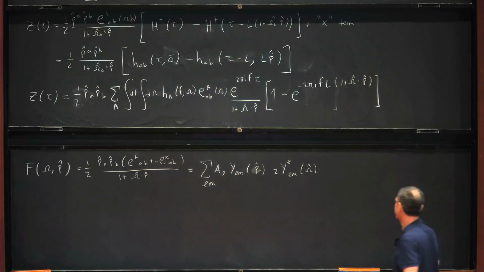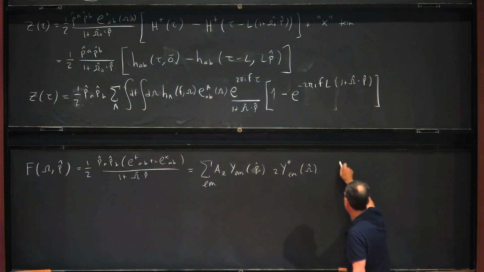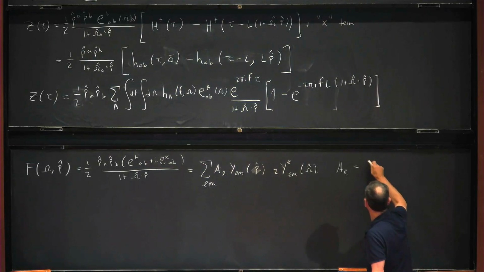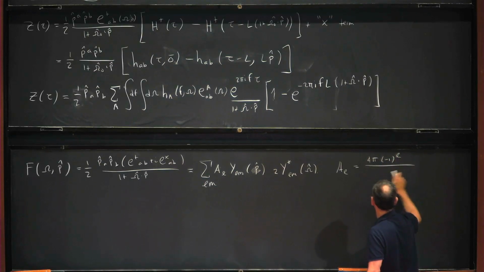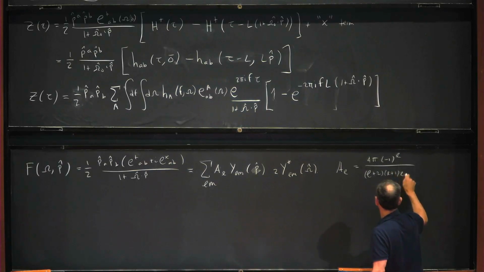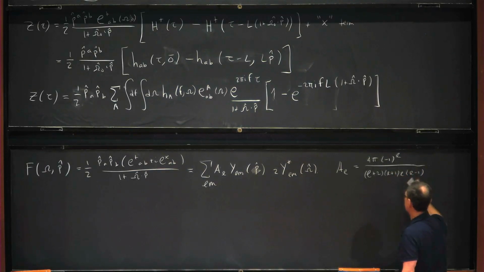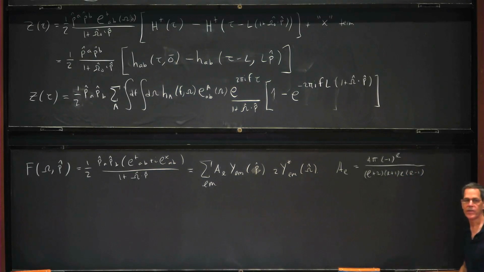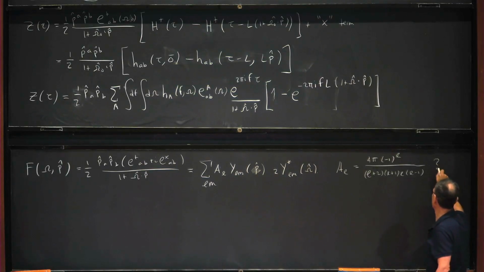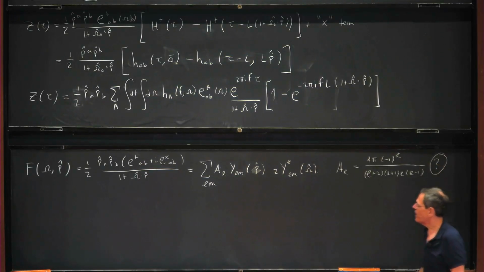And I'll have to double check this, but I'm pretty sure that the ALs are 4 pi minus 1 to the L over L plus 2, L plus 1, L minus 1. I'll have to double check that. I may be missing a square root in the denominator. I put a question mark next to that.